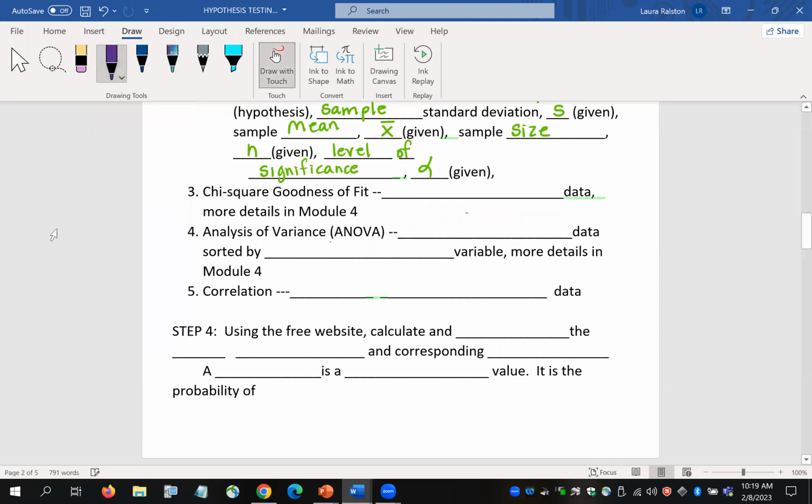Okay, in Module 4, chi-square goodness of fit is one of the few statistical analyses that we can use with qualitative data. So we will revisit qualitative data briefly at the beginning of Module 4 when we talk about chi-square goodness of fit. I will give you more details then about what information you have to be given.